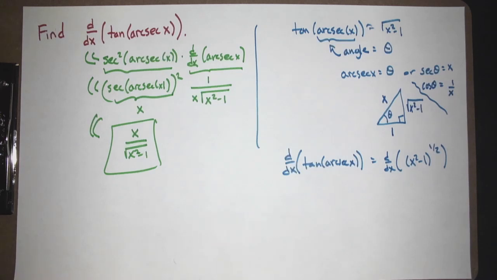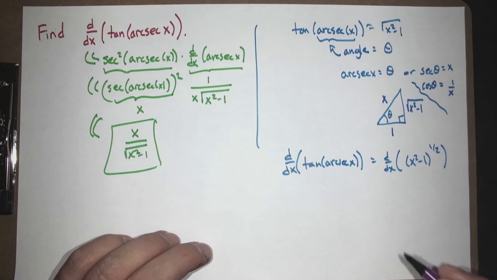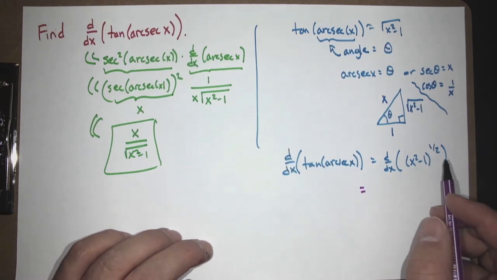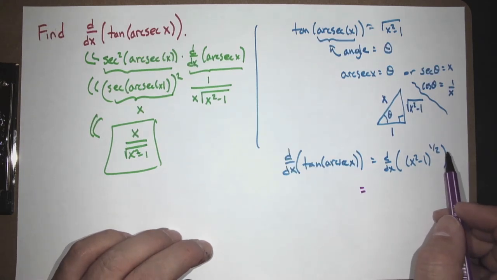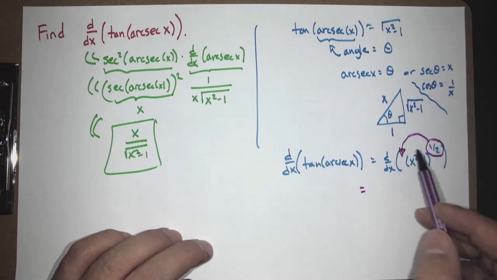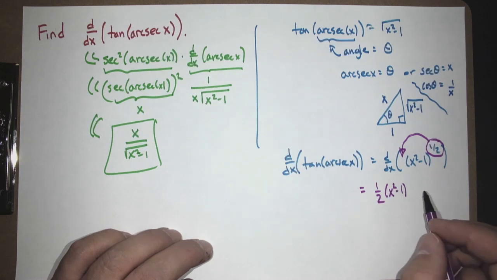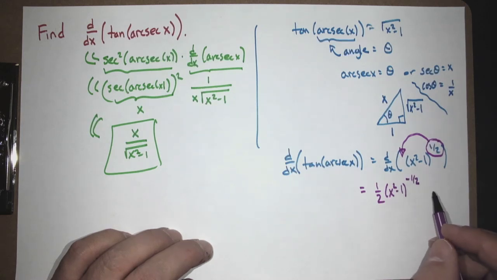All right, now we start going. Let's take our derivative. Okay, what do we do? What do we start writing down? One half comes down. x squared minus 1 to what power? Negative 1 half. Anything else? Derivative of the inside, which is 2x.